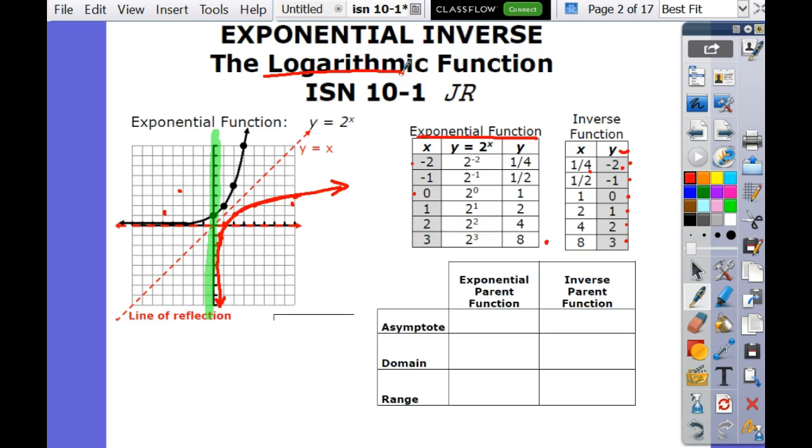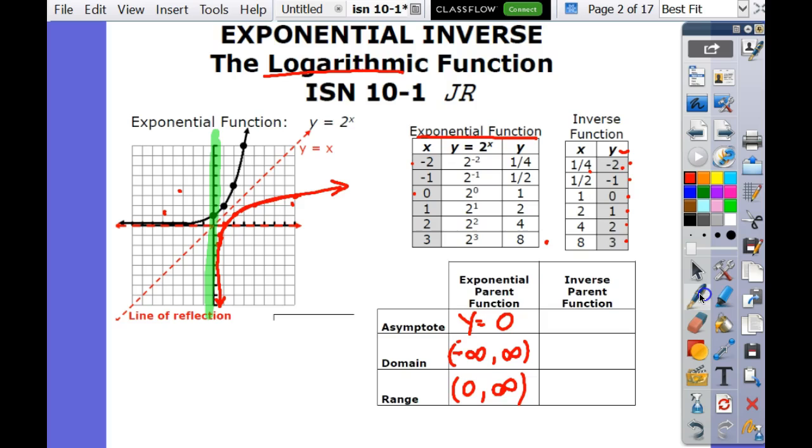And so the exponential, the one that we started with, has an asymptote at y equals 0. It has a domain of -infinity to +infinity. It has a range of 0 to infinity, and the inverse, one more time, how do you get an inverse?